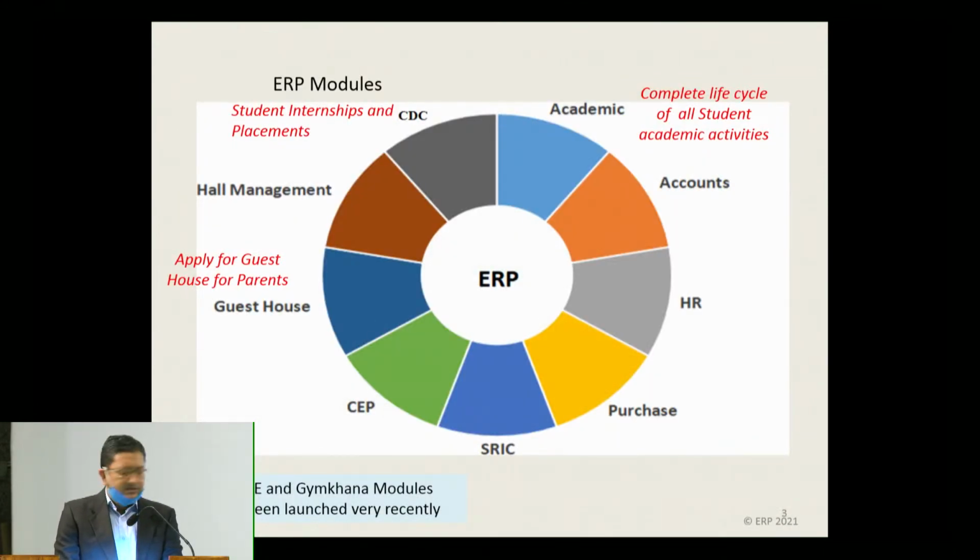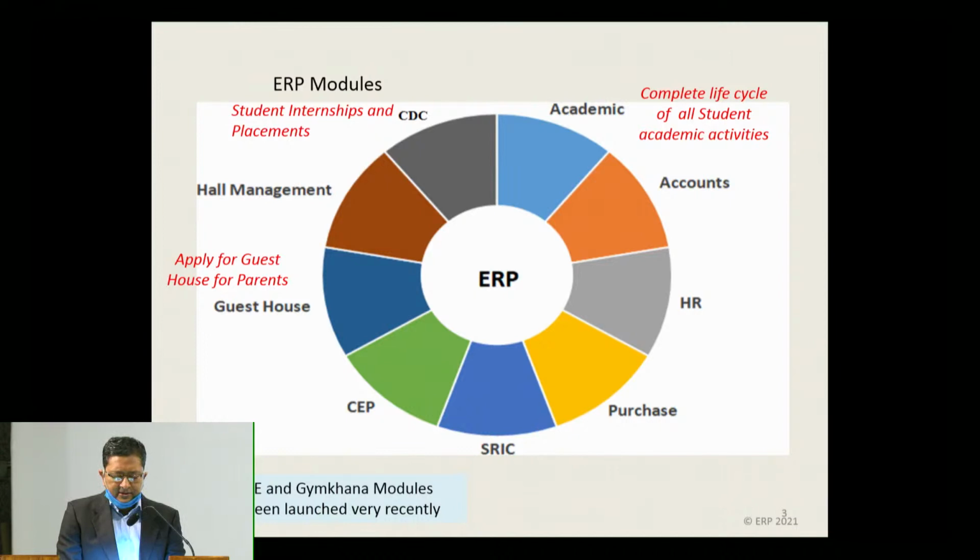So, this gives you a view of some of the important modules that you will be dealing with that are relevant to you. Immediately the modules that are most relevant to you are academics, guest house, and hall management.